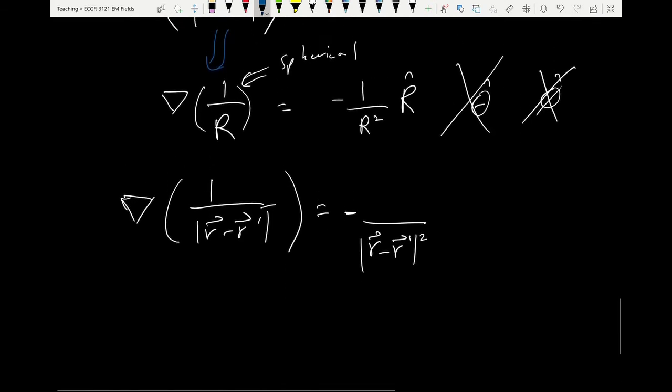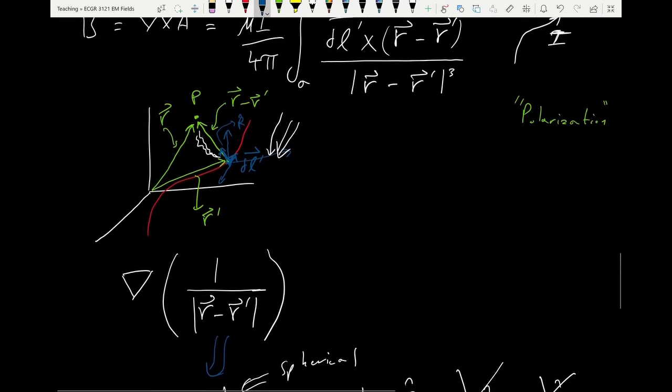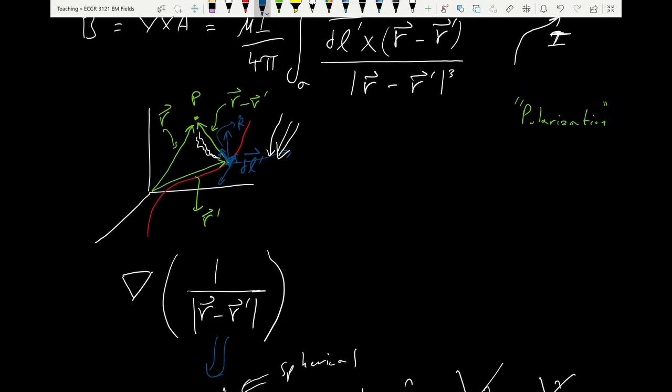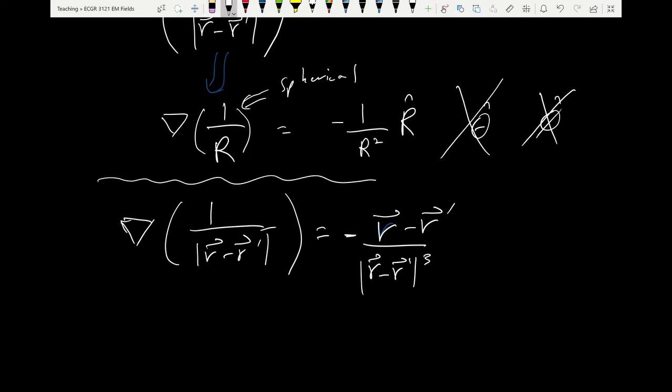So r hat in the blue coordinate system is in the same direction as r minus r prime, but we need to turn that into a unit vector. So I put in r minus r prime over another magnitude, to turn this into a unit vector to get r hat. So this becomes r cubed. This gives me this relationship.